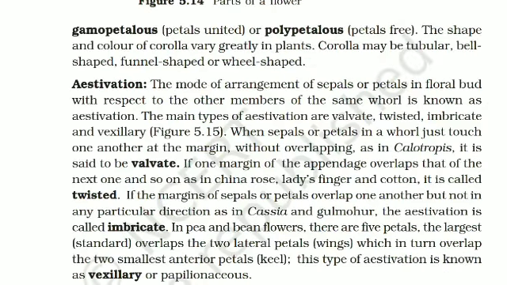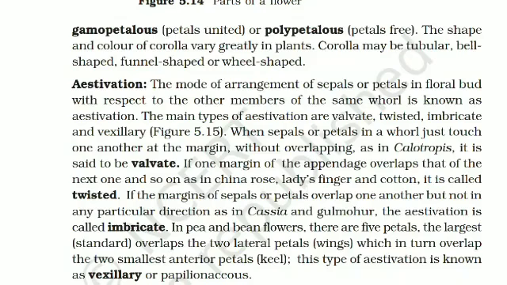Without overlapping, as in calotropis. And if one margin of the appendage, that means the sepals, overlaps that of the next one, and so on, as in China rose, lady's finger and cotton, it is called twisted.